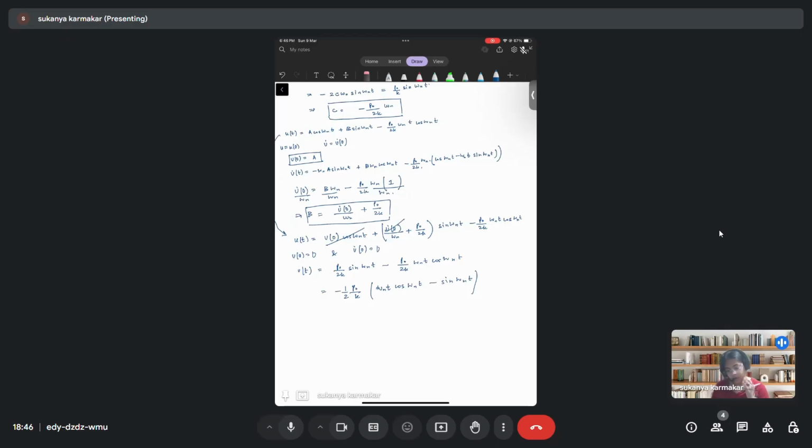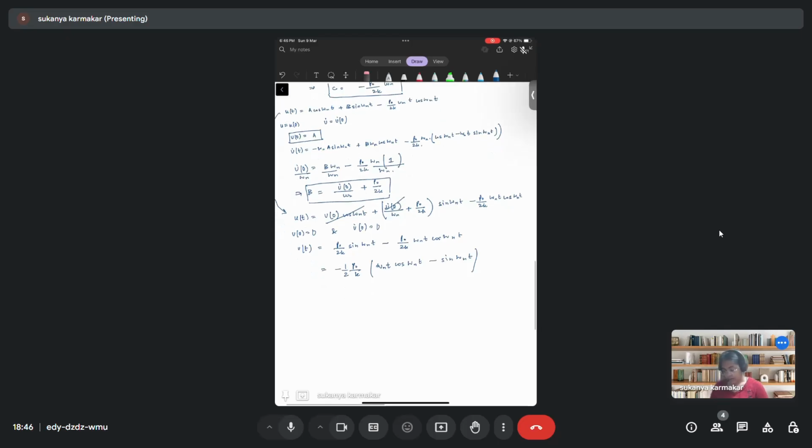So, in other words, you have a t term multiplied here, that is, as time increases your response will go on increasing. Let me write it in another format.